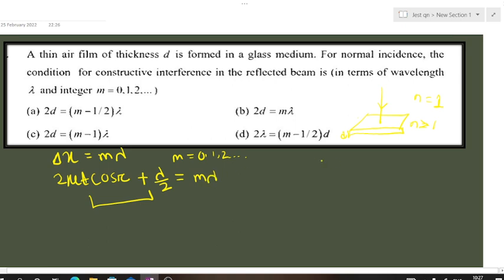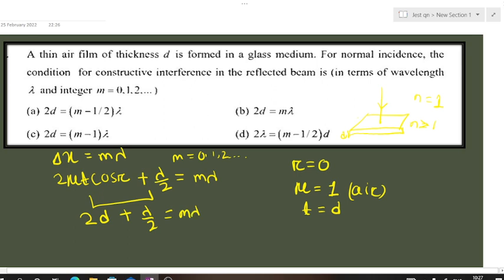For normal incidence, r is equal to 0, and mu is the refractive index, equal to 1 for air, and t is the thickness, which is equal to d according to the question. So putting all this, 2t plus lambda by 2 is equal to m lambda.